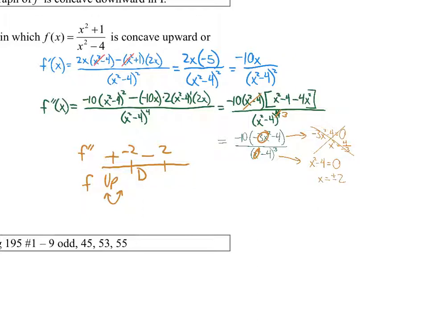So this is concave down. And then if I plugged in a positive 3, it actually will end up being the same as when I did negative 3, because these were both squared, right? So it's going to end up positive and concave up again. So we're concave up, concave down, then concave up.